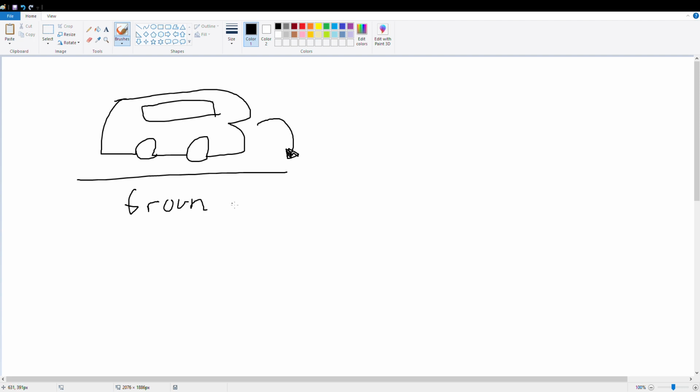The thing about reference frames, if a question never specifies what the reference frame is, then typically it would be the ground that you're referring to as the reference frame.